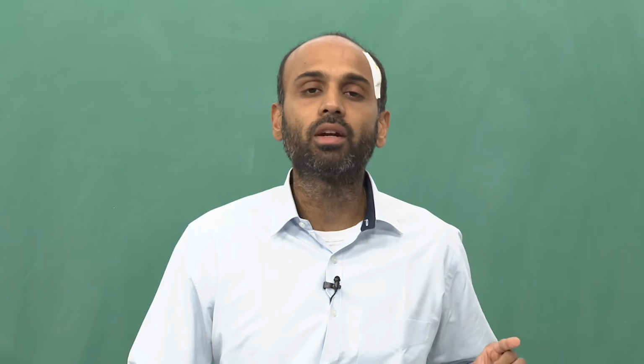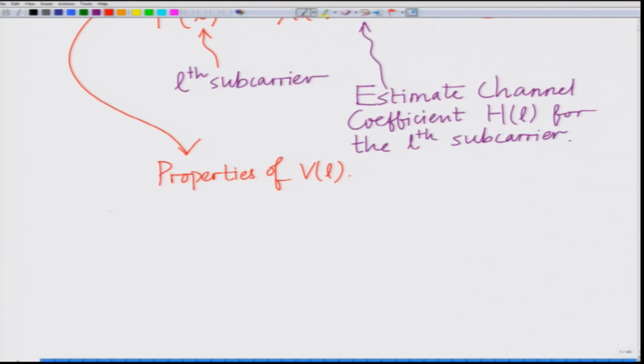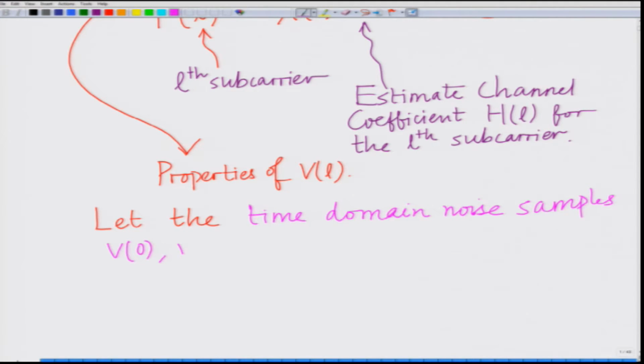Alright. So, let us assume the time domain noise samples V0, V1 up to Vn minus 1, these are the n time domain noise samples.